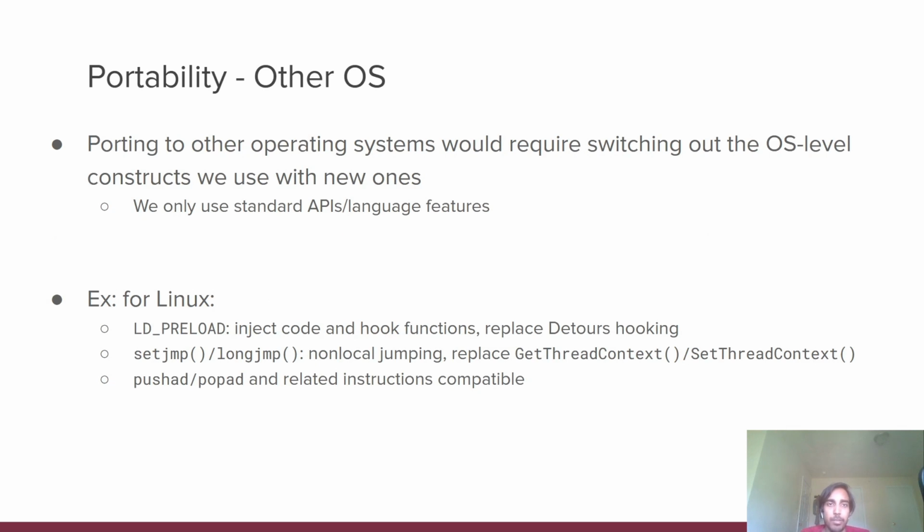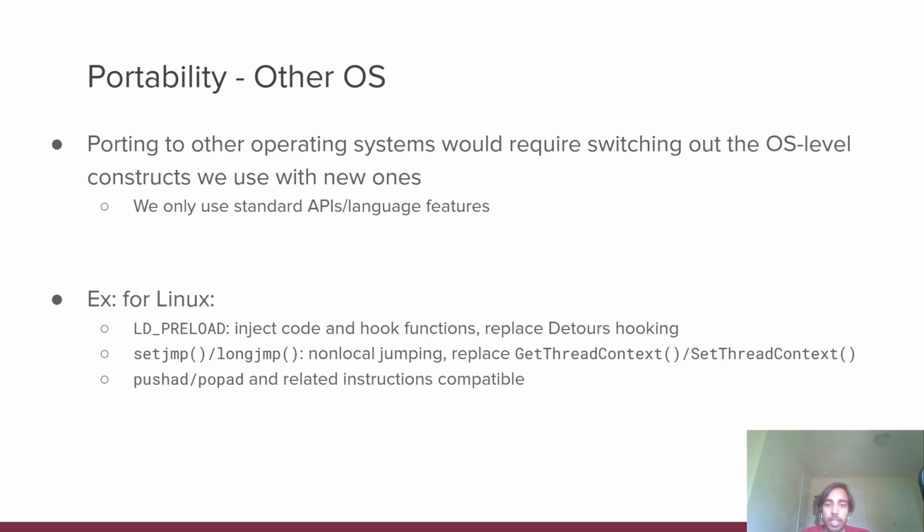So, for example, if we focus on OSs, it would require just switching out the operating system level constructs with new ones. And for example, if we were to implement targeted embedded snapshotting for Linux, we would simply use LD_PRELOAD to inject our library into the target process and to hook functions.